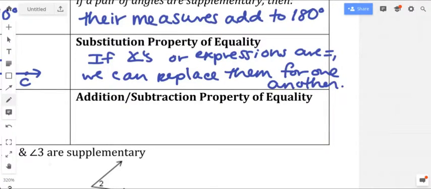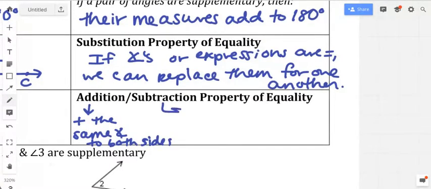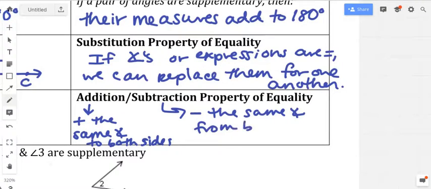Okay, that's substitution. The addition property of equality would be if we add the same angle to both sides. The subtraction property of equality would be when you subtract the same angle from both sides. Those are used in the same way as we did with algebraic proofs or segment proofs.